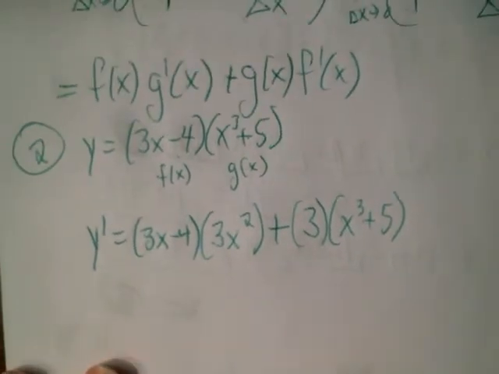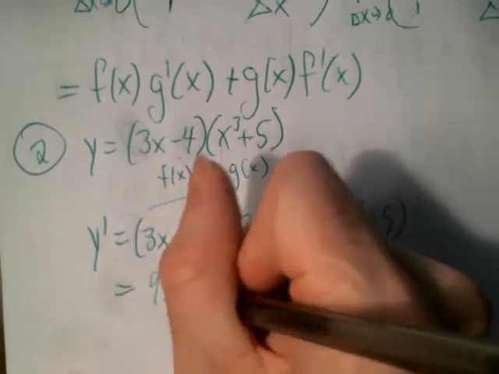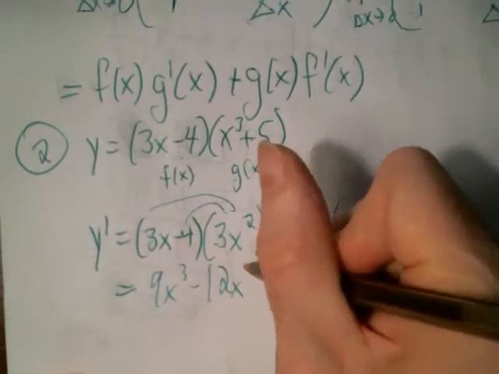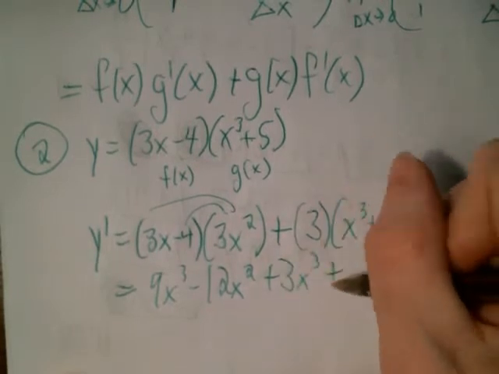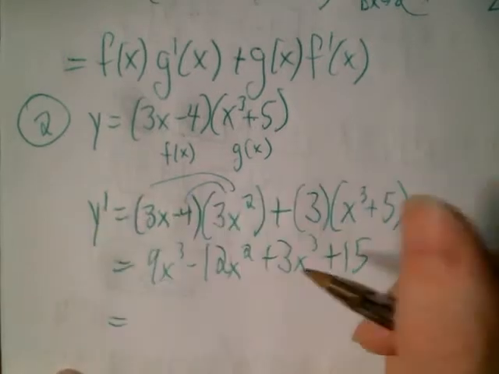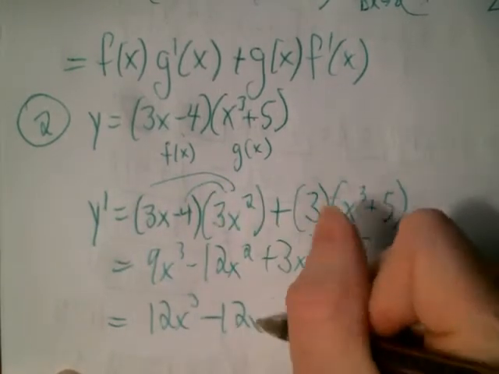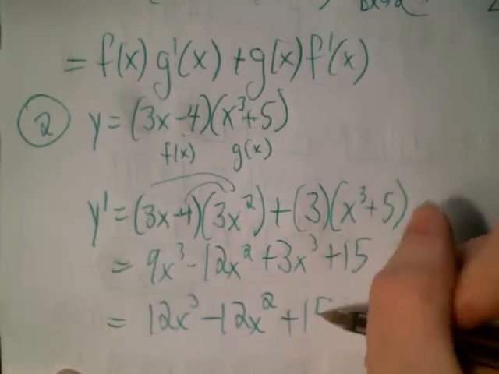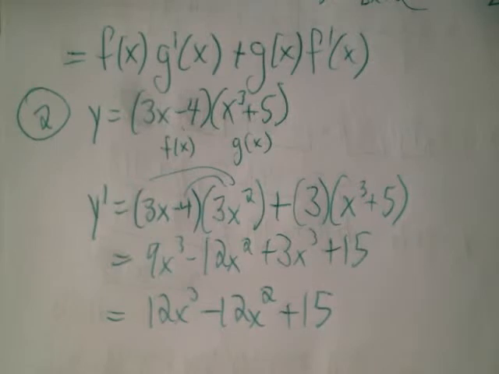And then it's a matter of simplifying, right? So distribute, so I get 9x cubed minus 12x squared plus 3x cubed plus 15. Combine like terms, so 9, 10, 11, 12x cubed minus 12x squared, and then plus 15. Okay, and there it is. There's our derivative. Yay! Everybody rejoices.